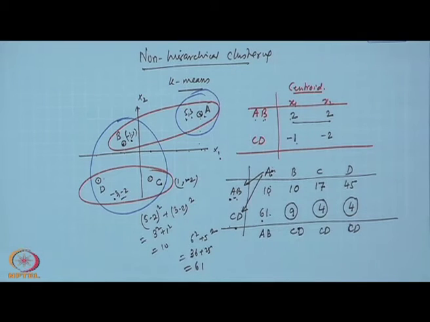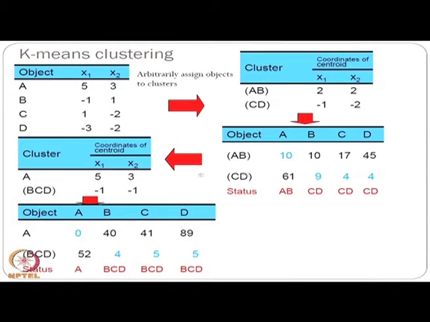You repeat this, then find out. Okay, let us see what happened here. So, new cluster A, B, C, D, and you are finding out the centroid here, and then again you are comparing the distance between A and the two clusters formed, distance between B and the two clusters formed.